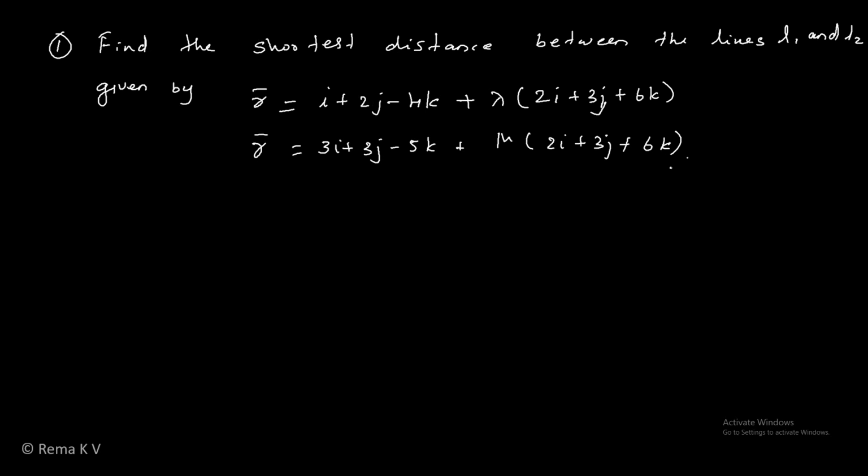This is how you have to identify parallel lines. See, lambda into vector b, mu into vector b, these two vectors are same here. So the two lines L1 and L2 are parallel.